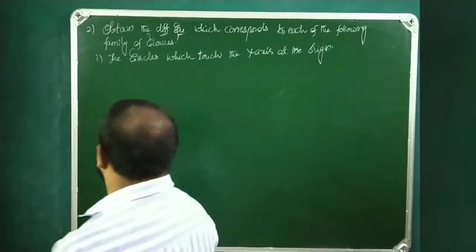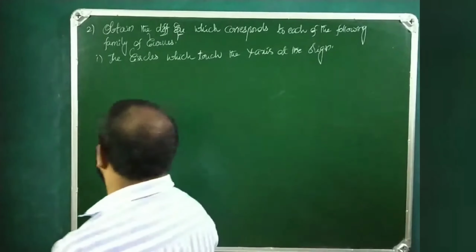minus h. Now here the latus rectum is 4a and the axis means the line passing through the focus. Here this line is the principal axis and this line is parallel to the x-axis. Capital XX dash is parallel to small xx dash.